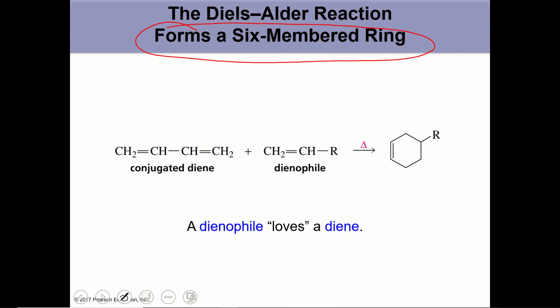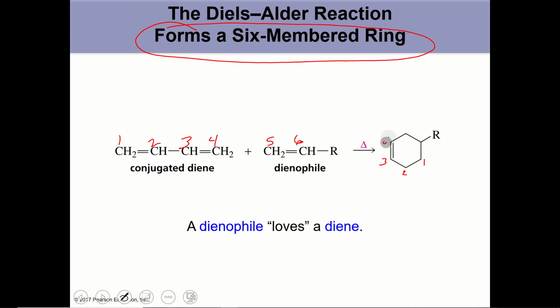And what happens is that we would have the pi bond in the molecule shown. If we number our carbons, then our carbons are as follows.